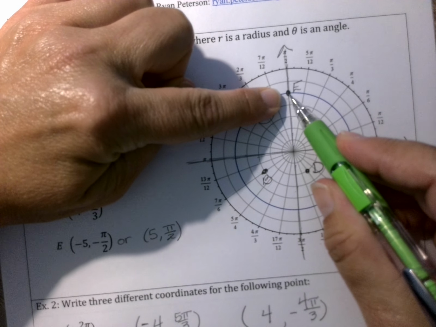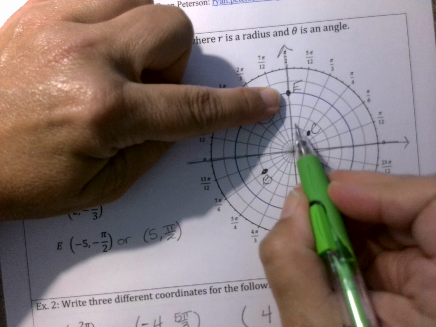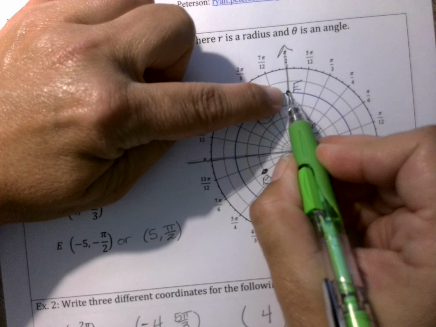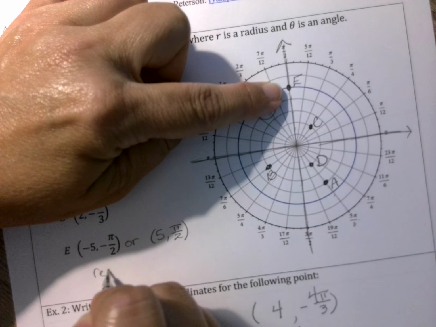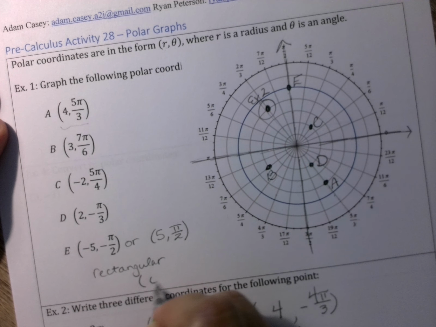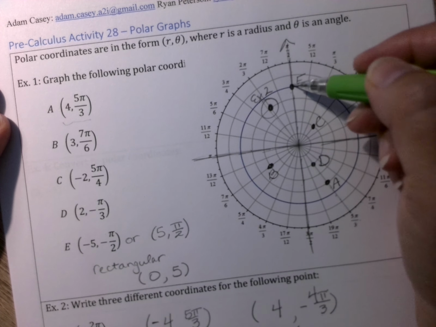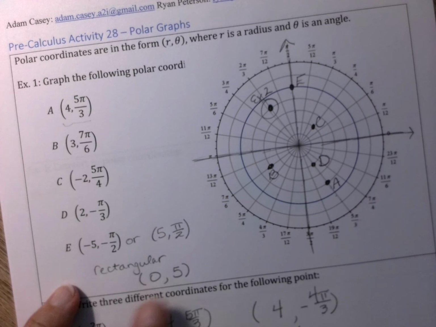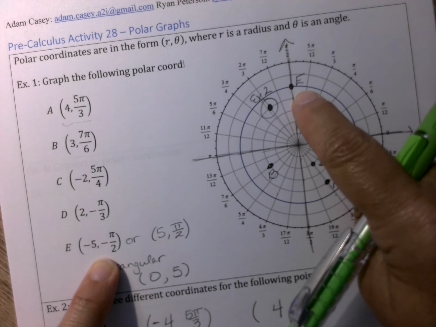So this point E up here, it's on the y-axis. It's up 5 units. And so if we wanted to do E in rectangular, the x coordinate would be 0 and the y coordinate would be 5. It's on the positive y-axis. And so you see that we can have 2 totally different systems of coordinates representing the same point.